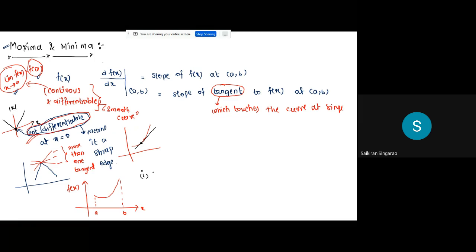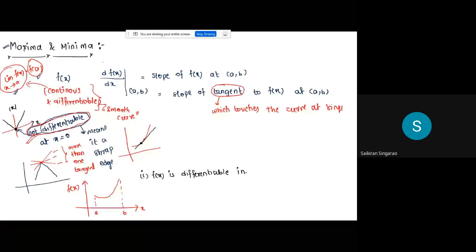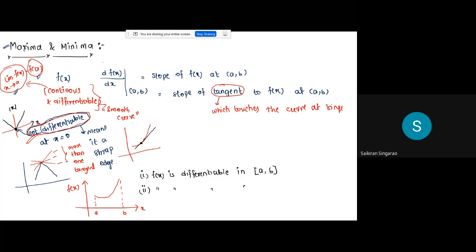Statement 1 is f of x is differentiable in the closed interval a, b. The second statement is f of x is differentiable in the open interval a, b. Which statement is true?